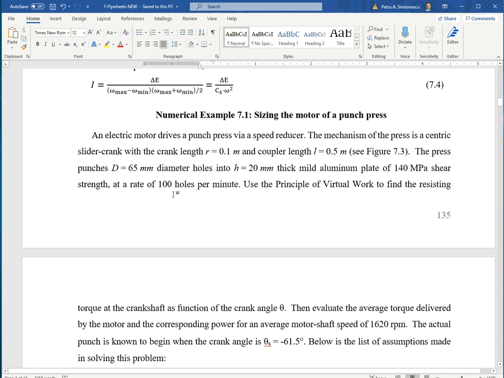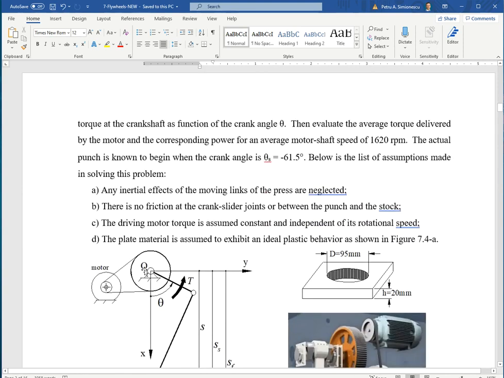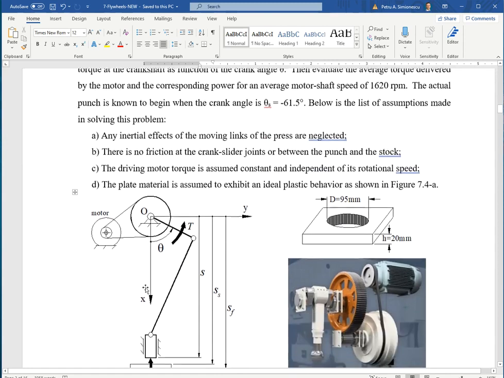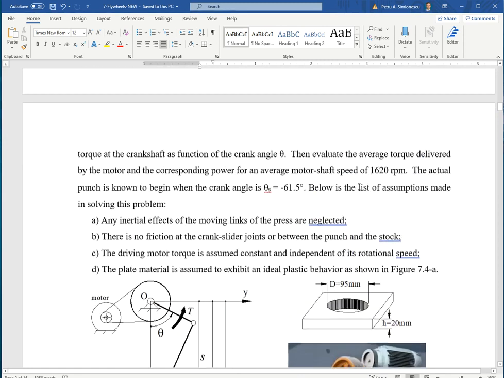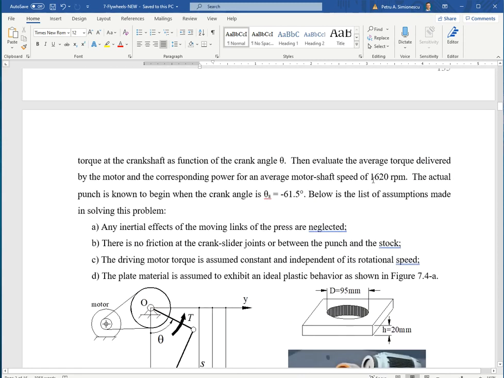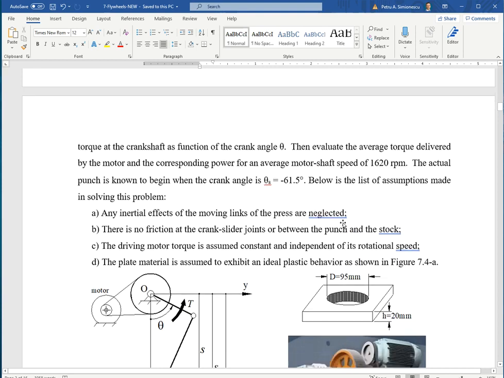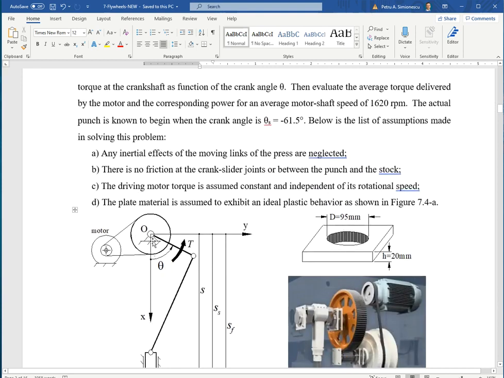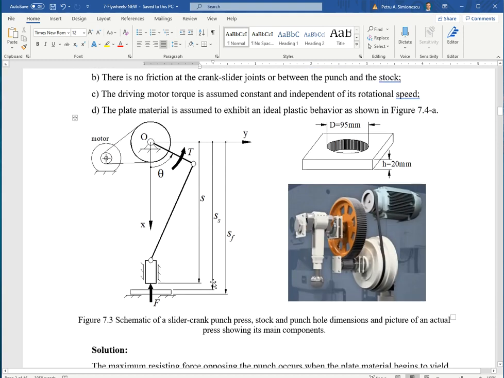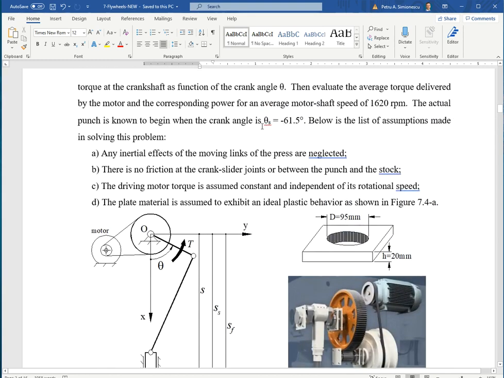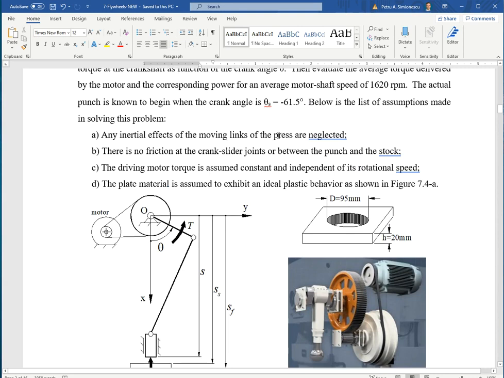The crankshaft of the punch rotates at 100 RPM, so there will be a reduction, belts, gears, we care less at this point, between the motor, which is rotating at 1620 RPM, and the 100 RPM of the crankshaft. Also told when the punch begins, and at what crank angle.